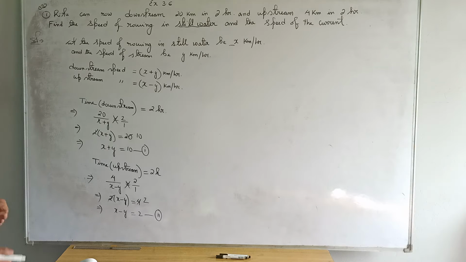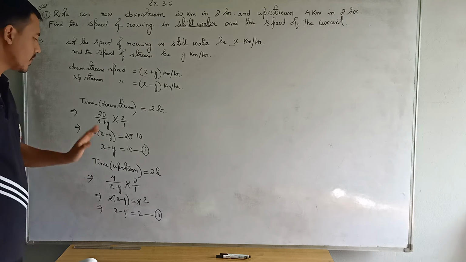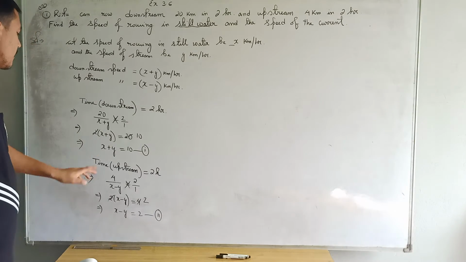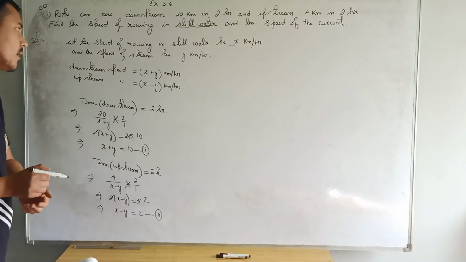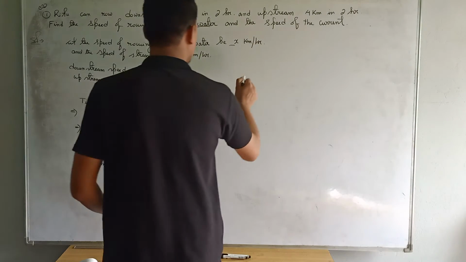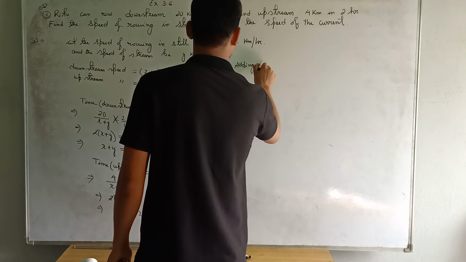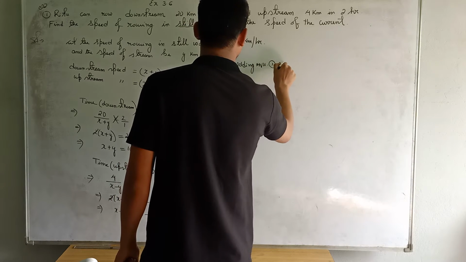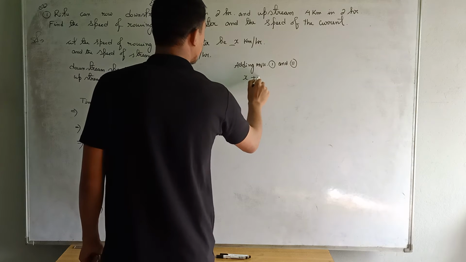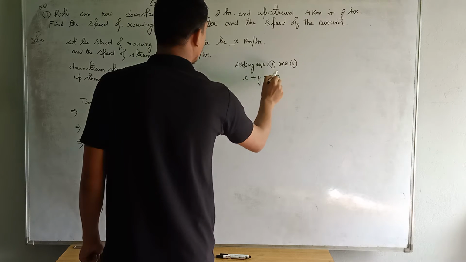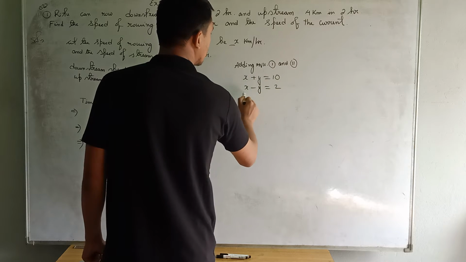We can solve equations 1 and 2 by any algebraic method. Here the elimination method would be easiest. We'll simply add the equations because the terms containing y are opposite in sign. So adding equation 1, x plus y is equal to 10, and equation 2, x minus y is equal to 2.